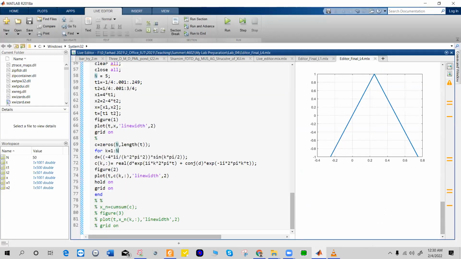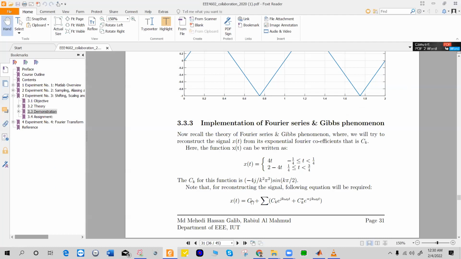Now you see for this problem let's consider c naught is equal to 0. Done. Now at k is equal to 1, we will find out the summation of this. For k is equal to 2, we will see the summation of these two. For k is equal to 3, we will find out the summation of these three.